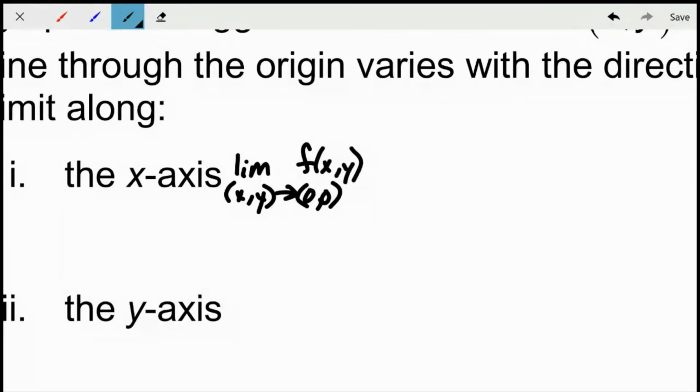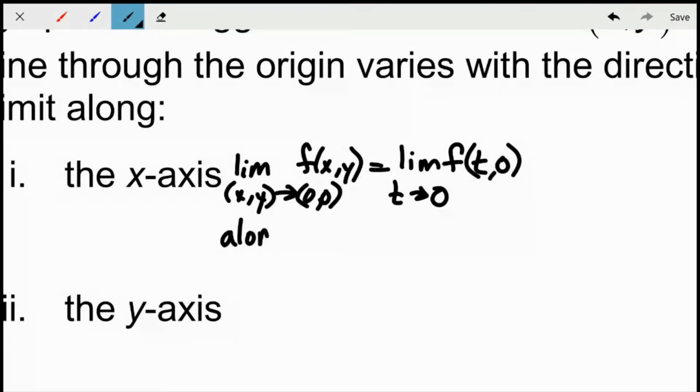In this case, that would be equal to the limit as t approaches 0 of f of (t, 0). Let me explain where that's coming from. We're going along the line y equals 0 if we are approaching on the x-axis, so that's why I'm using the limit as t approaches 0 of f of (t, 0).